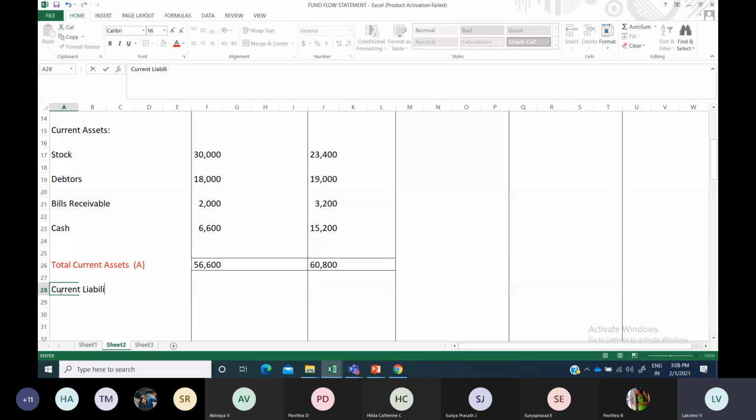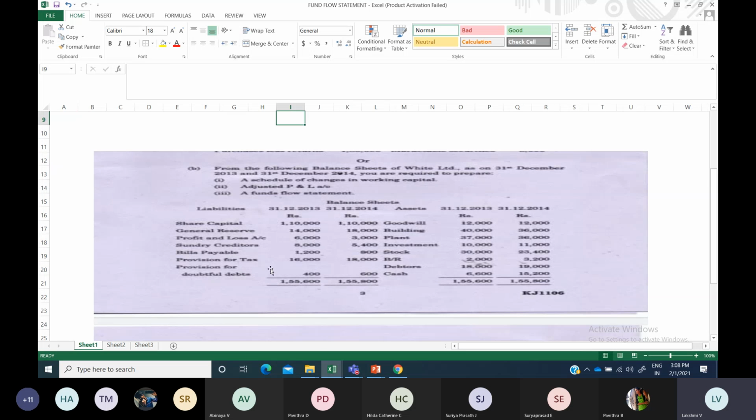Just list down the current liabilities given in the question: sundry creditors, bills payable, bank overdraft, provision for doubtful debts. Provision for tax you don't take as a current liability.